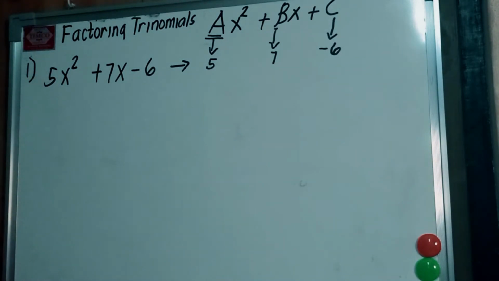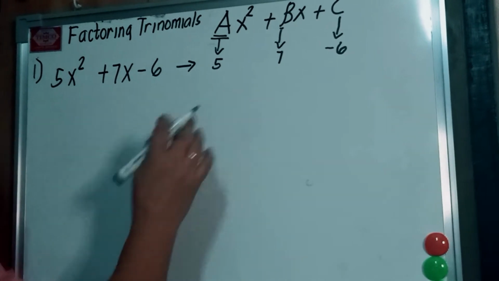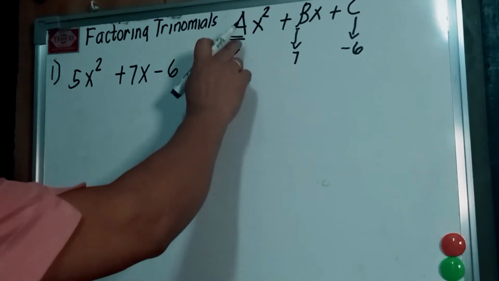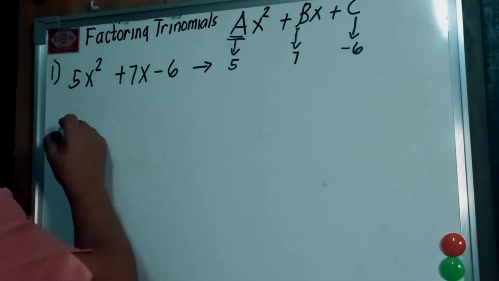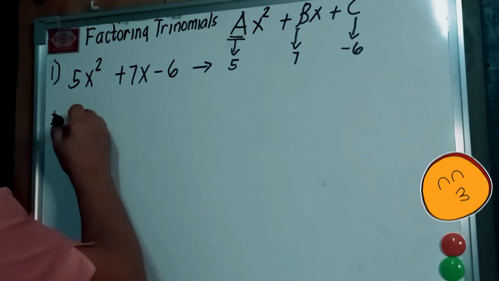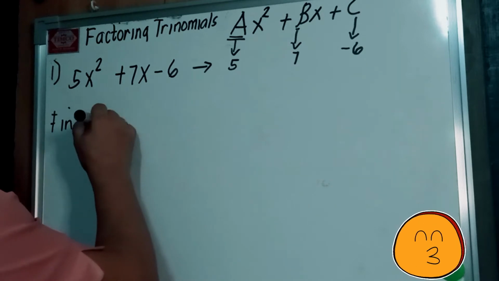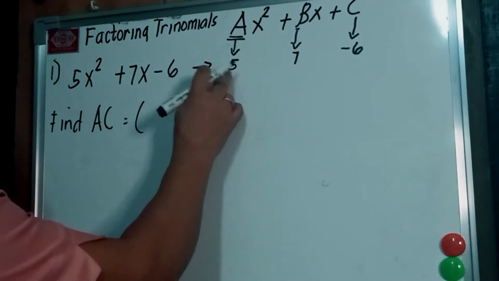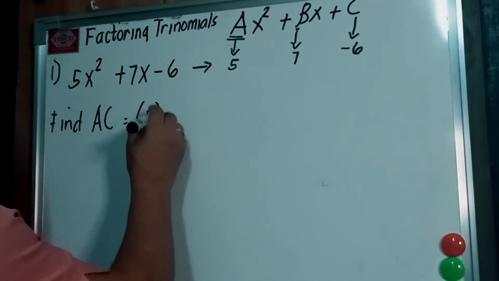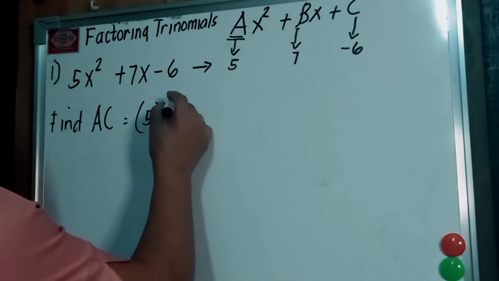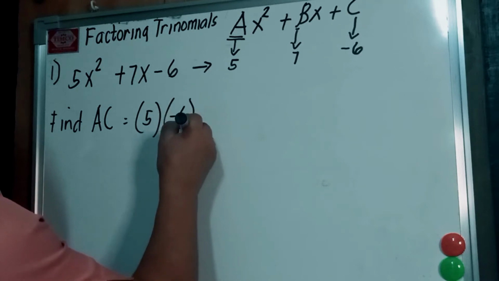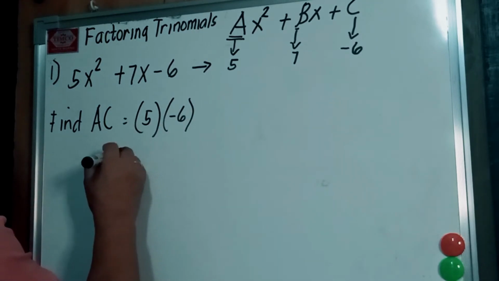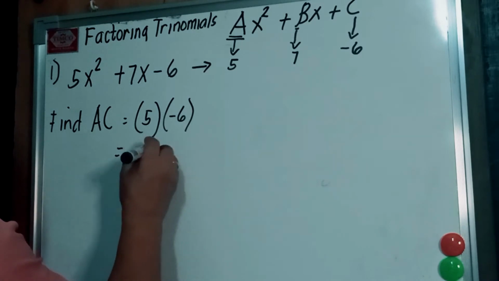Now, step number 1. We are going to multiply A and C. So, find AC. So, since your A is equal to 5 and your C is negative 6, so 5 times negative 6 is equal to negative 30.